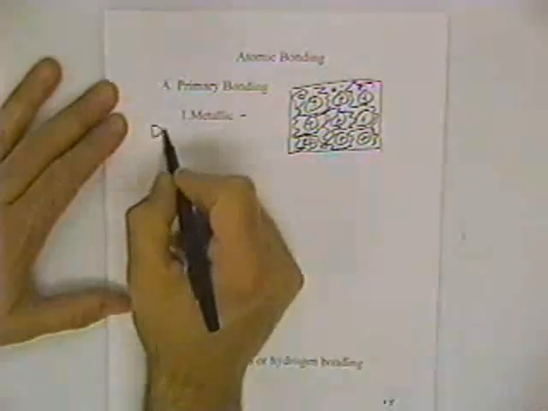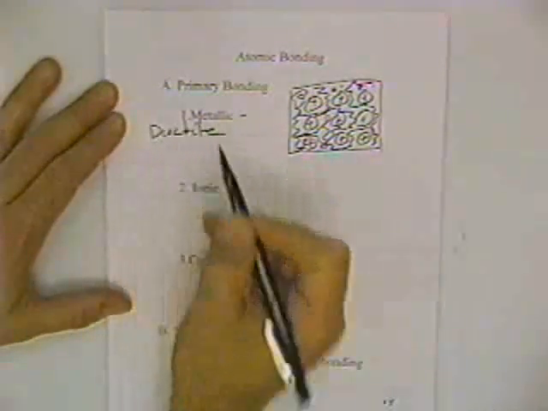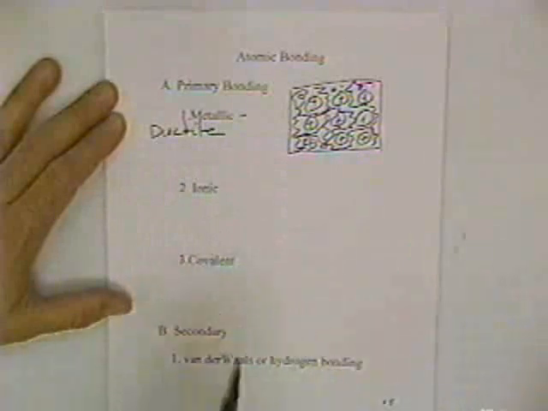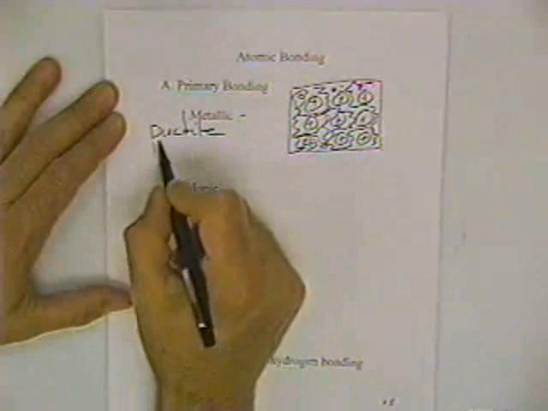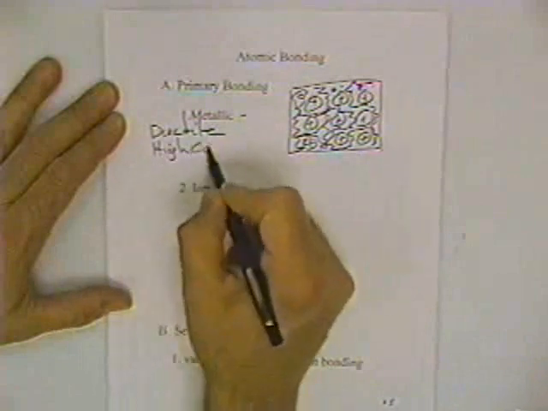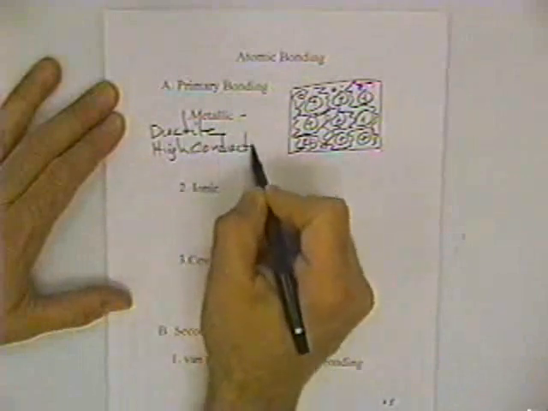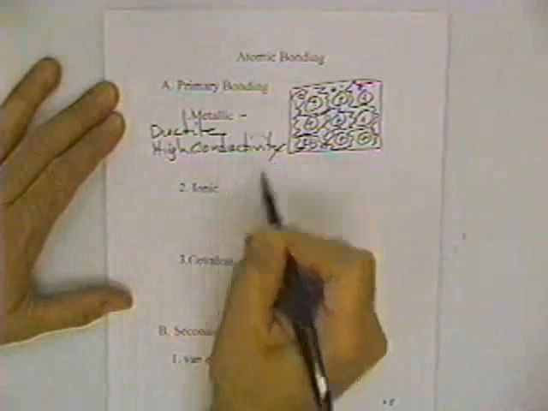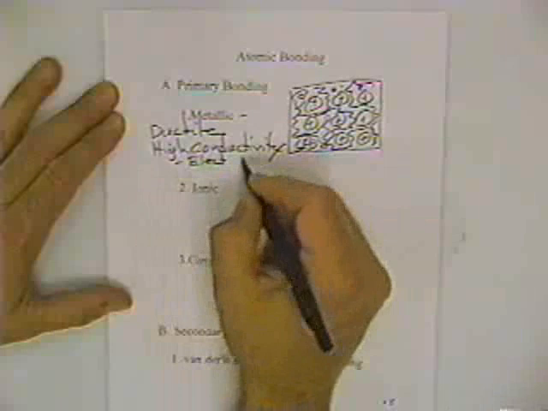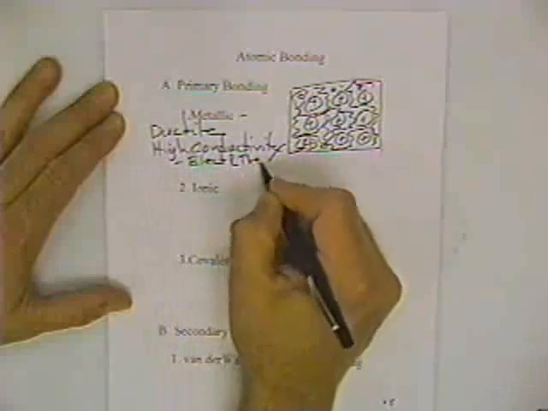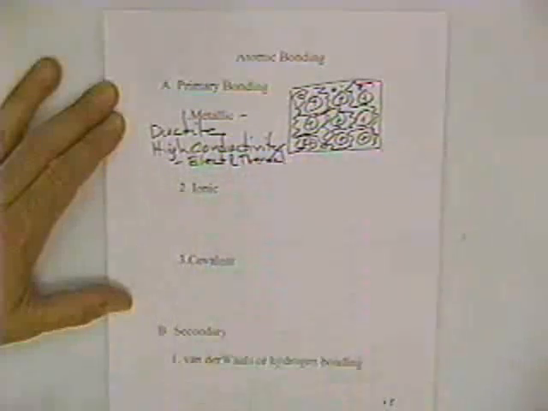Metallic bonding typically are ductile, fortunately for us, for cars and structures. They typically have high conductivity, and that would be both electrical and thermal.